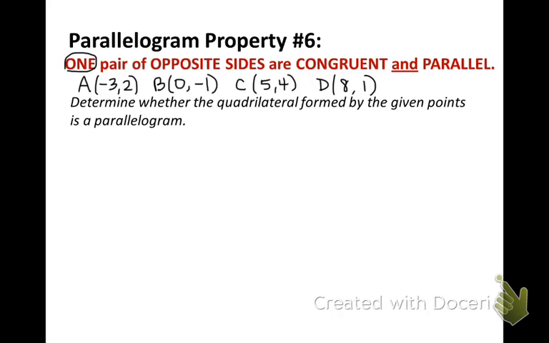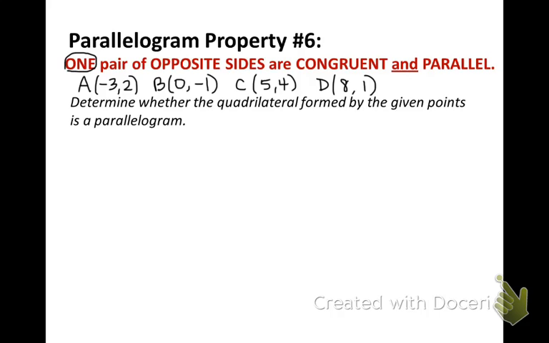So I will want to show that that pair of opposite sides has the same slope. And I'm also going to need to show that they are congruent, which means how do I find lengths between 2 points in a coordinate plane? Distance formula. So I'll use the distance formula to show that they have the same length as well. I have 4 things that I need to show then. 2 slopes and 2 distance formulas, right?